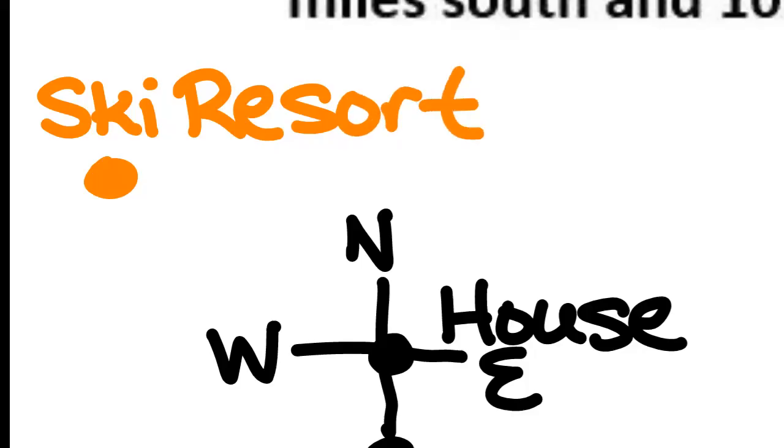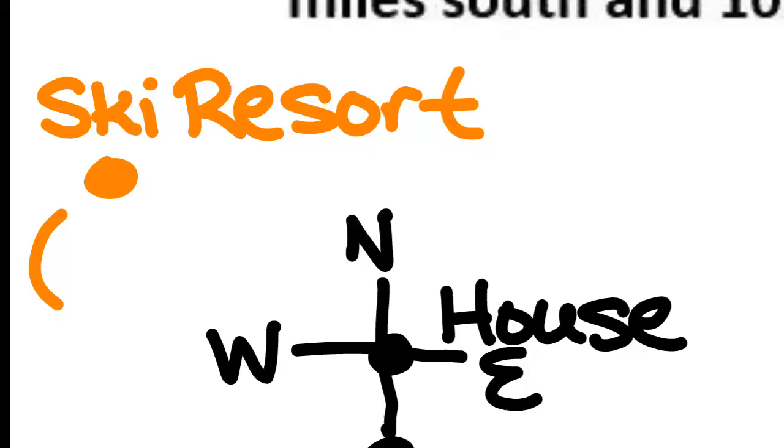We're going to need an ordered pair for that ski resort. It says we went 20 miles west and 50 miles north. When I'm writing an ordered pair, the x part, the first number, tells me the left-right, correct? So would that be an east-west number, or would that be a north-south number? West-east. We went 20 miles west.